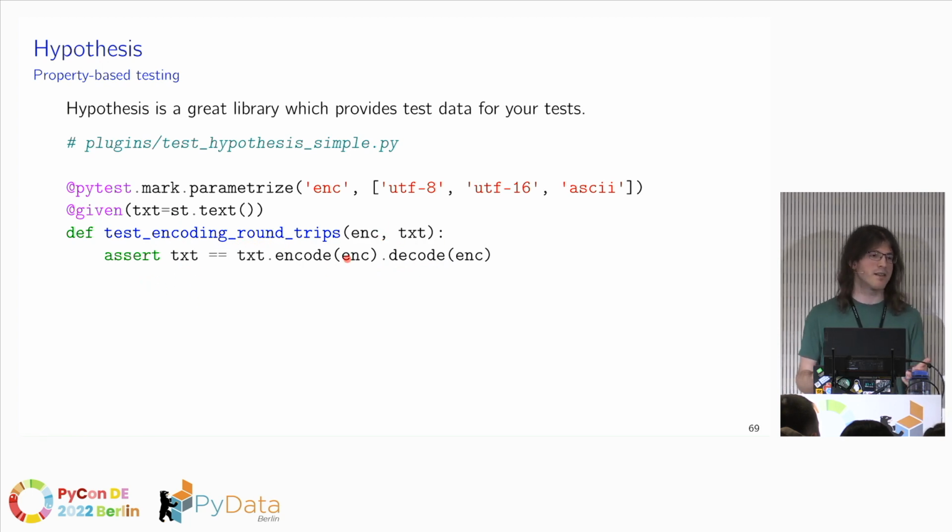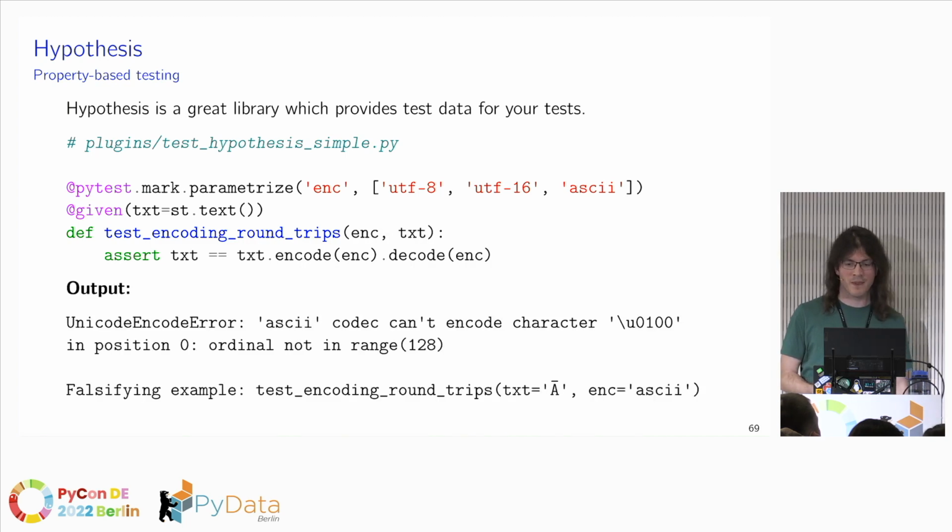Those kinds of invariants can be very powerful, especially for things like encode, decode, compress, decompress, whatever. If you have a way to convert something and back again, you can say this conversion should work for whatever input I throw at it.